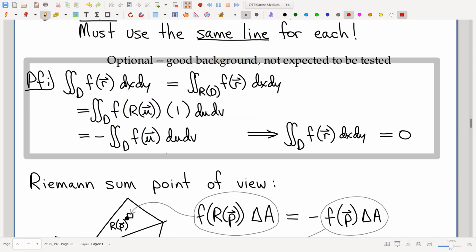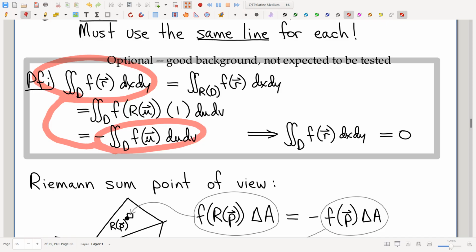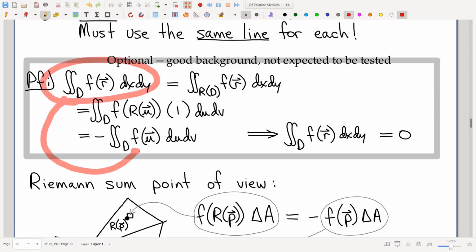And then oddness, when you reflect the input, you negate the output. Again, just exactly like we saw in the single variable case. We again now have that an integral is its own negative, and therefore that integral has to be 0. It's the same argument, just now two-dimensional instead of one-dimensional.